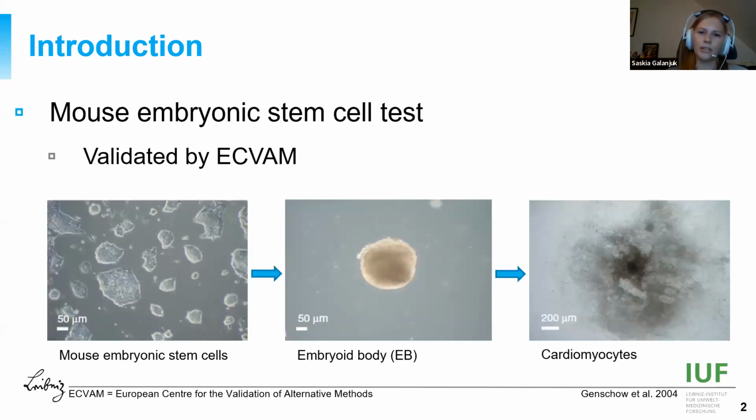One alternative test method for developmental toxicity testing is the mouse embryonic stem cell test. This ECVAM validated test makes use of mouse embryonic stem cells formed into embryoid bodies, EBs, and then they are plated onto a matrix and spontaneously differentiate into contracting cardiomyocytes. The endpoint analyses in the validated study are a cell viability assay and the assessment of beating structures after 10 days.